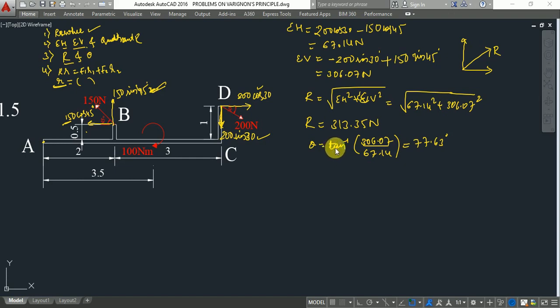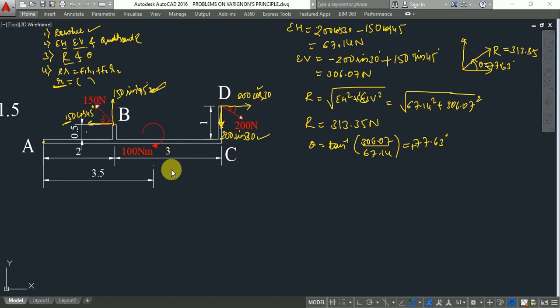So the magnitude of this resultant is 313.35, and since it is positive, I will measure the angle in the anti-clockwise direction. This theta is equal to 77.63 degrees. So we have the resultant and the value of theta now. This is acting in the first quadrant.